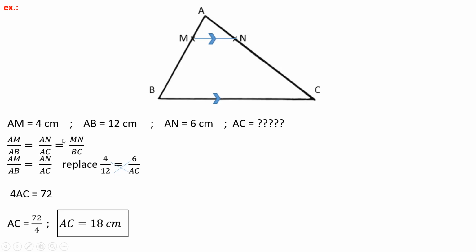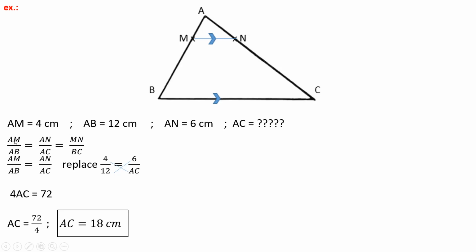Now I should choose between these three ratios. I only choose two ratios to calculate AC. Where is AC? It's in ratio 2, so I need to use ratio 2. Between the other two ratios, which measures am I given?